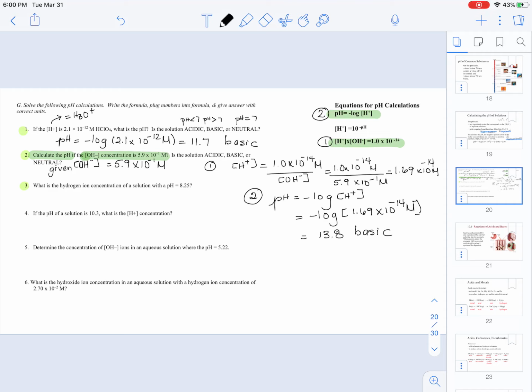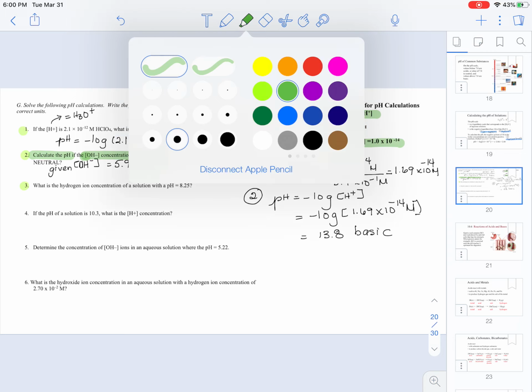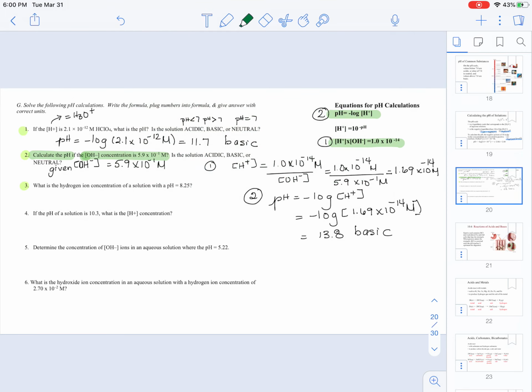On the third problem, it says, what is the hydrogen ion concentration of a solution with pH 8.25? By looking at the pH value, we already know that this is a basic solution. If you're given the pH, then you're going to use that middle equation to determine the hydrogen ion or proton concentration.